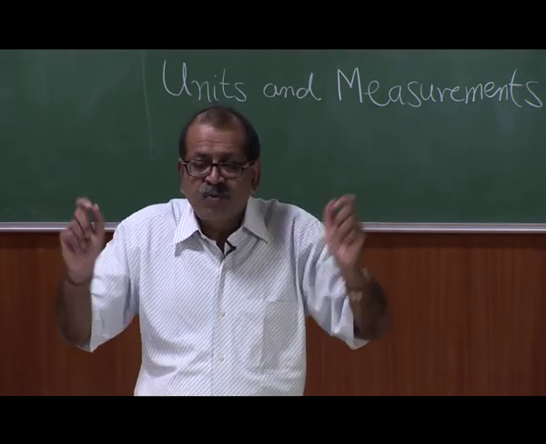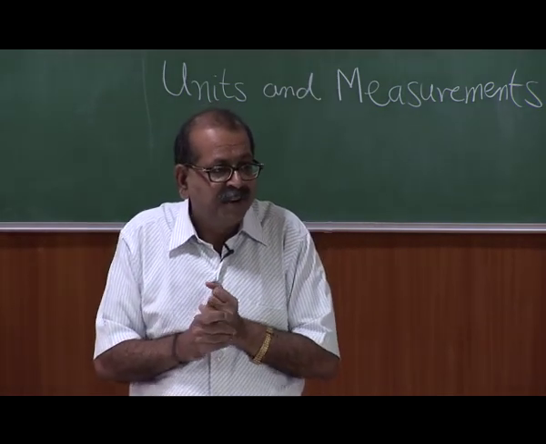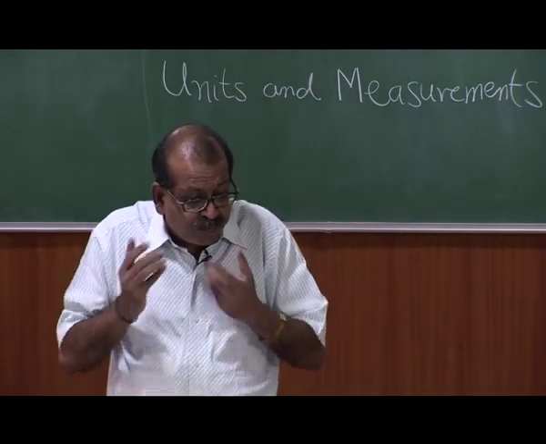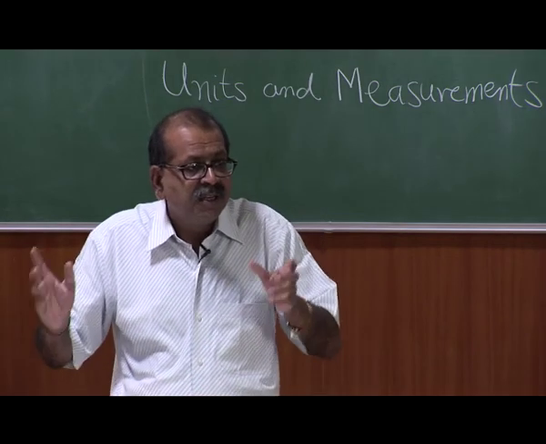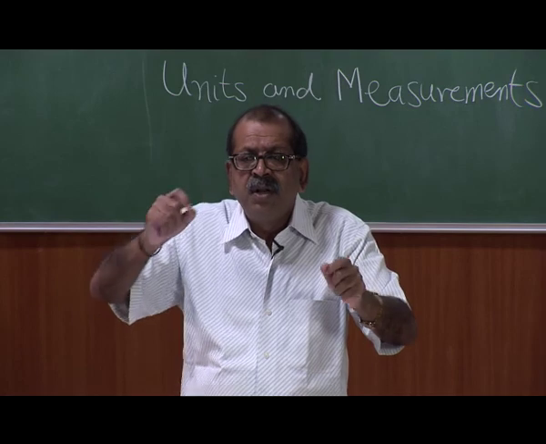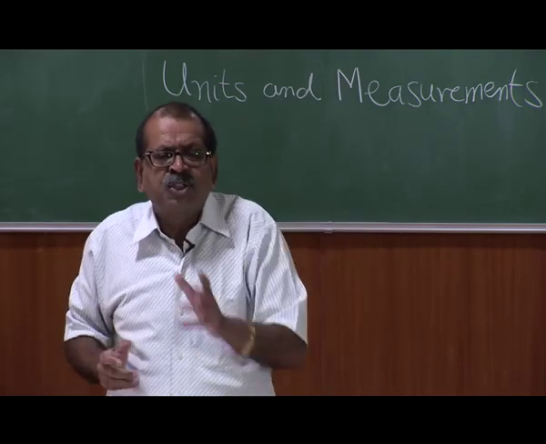So, the length of that is what was defined as 1 meter, but now meter is defined in terms of the length of path travelled by light in a particular time interval. How much light will travel in a given fraction of a second.